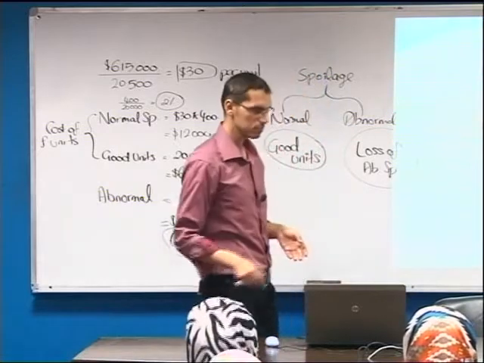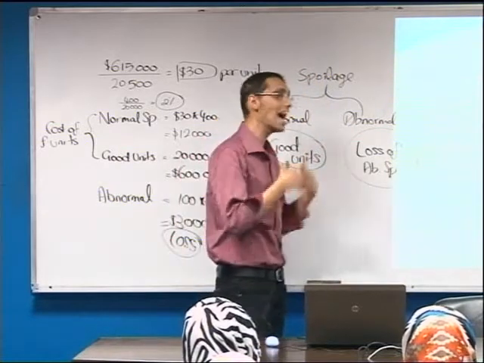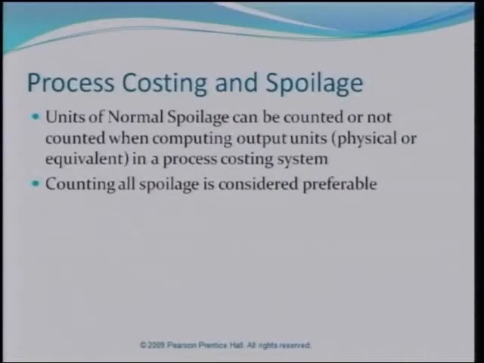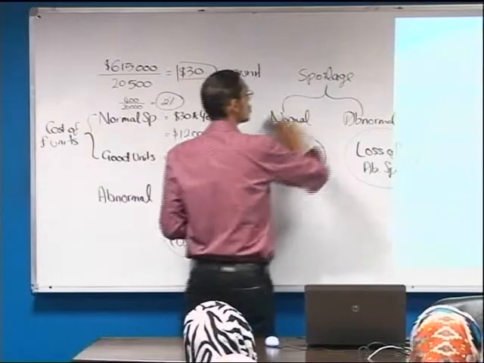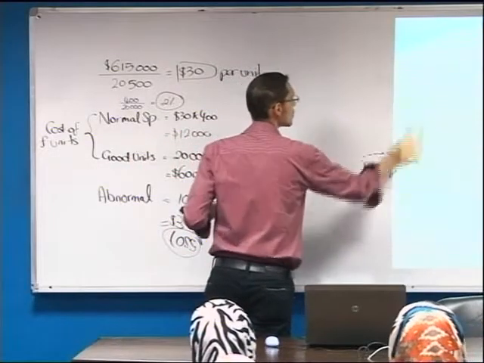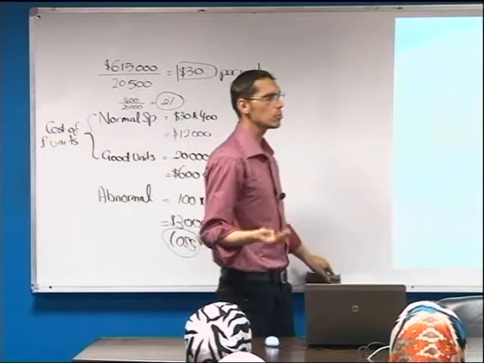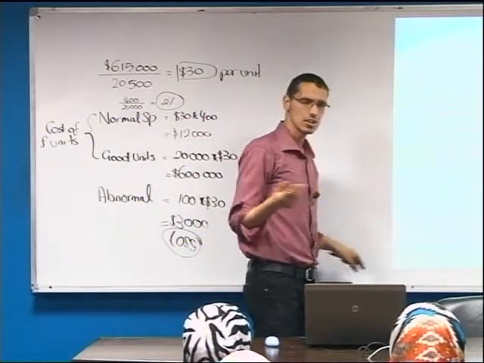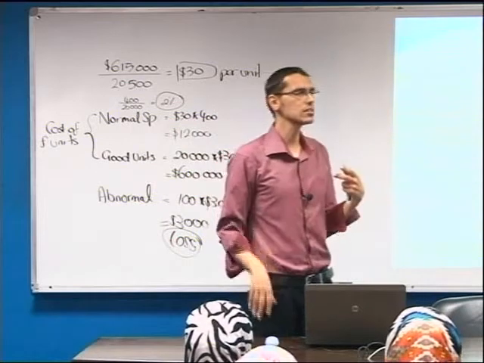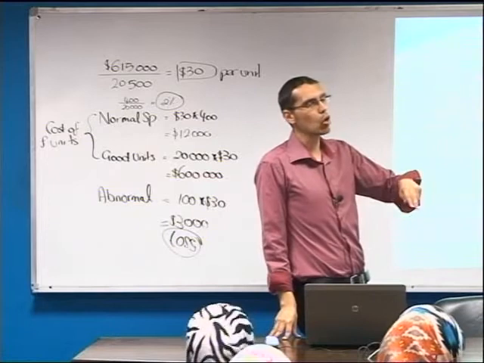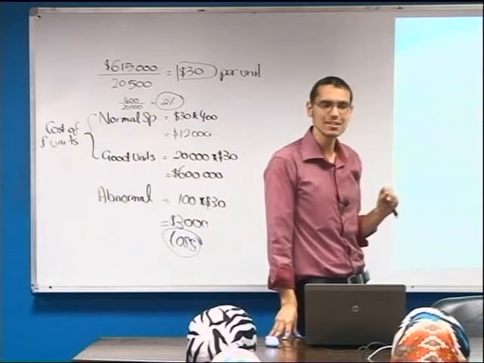the spoilage or having a spoilage in a process costing system. Of course, we just finished chapter number 17, which considers the process costing. As we said, process costing in step number 1 determines the physical units, correct? It determines from where did we get these units, and where did these units go, correct?